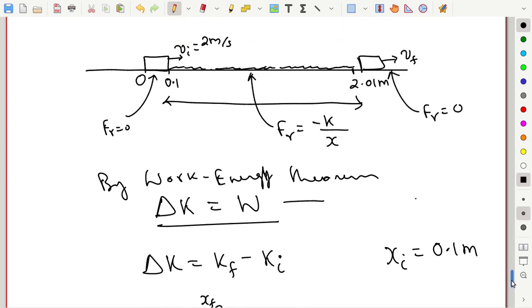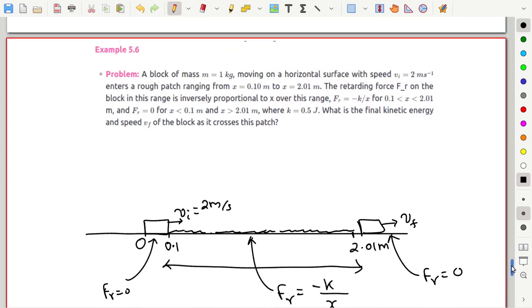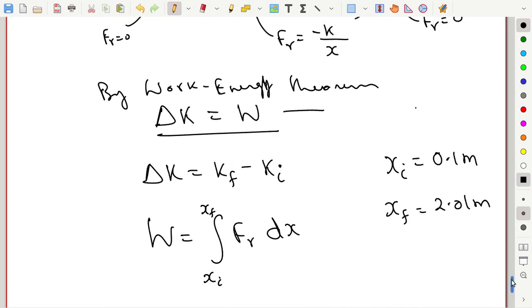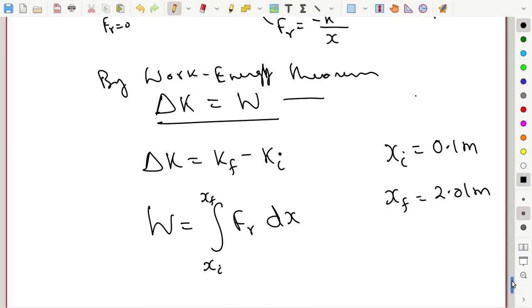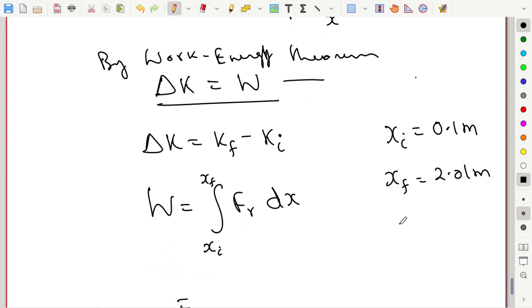So this one we have to read carefully: 0.1, and x final is 2.01 meters. Okay, and we also have f of x, and we also have the value for k equal to 0.5 joules.